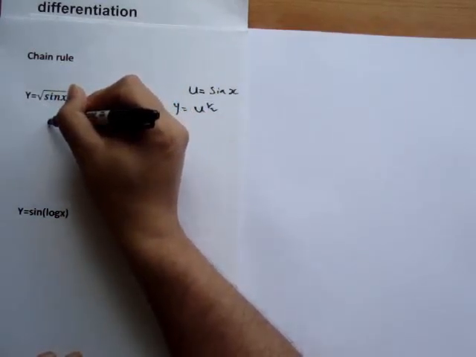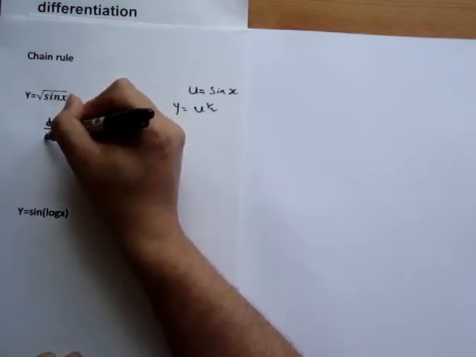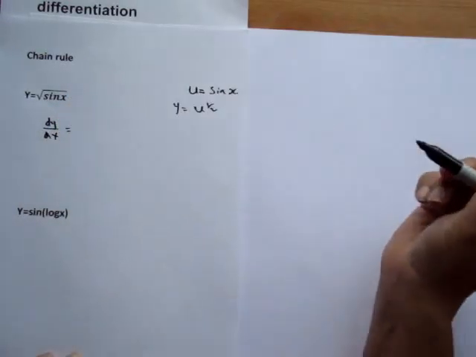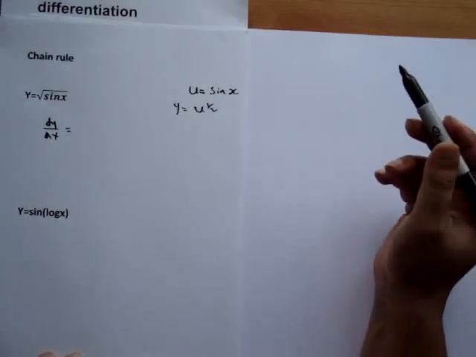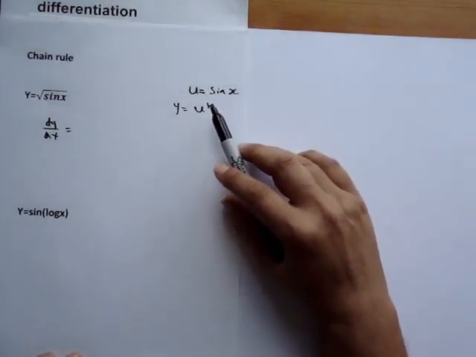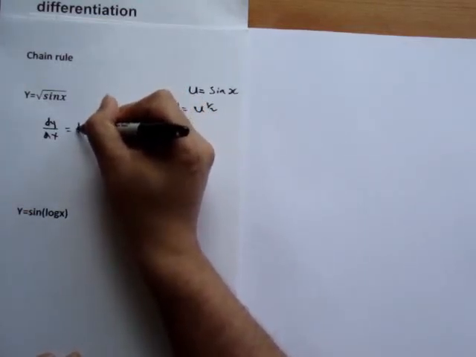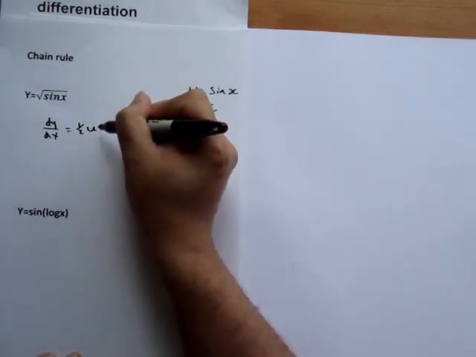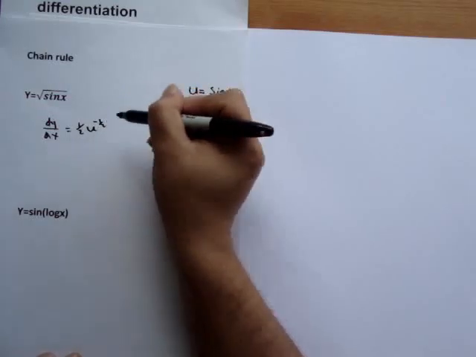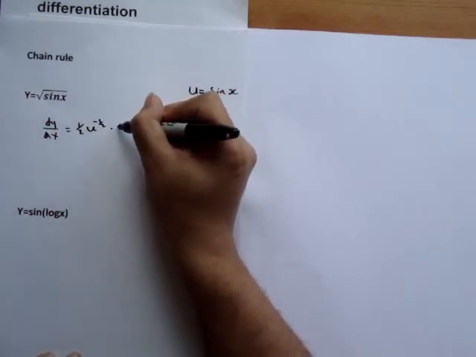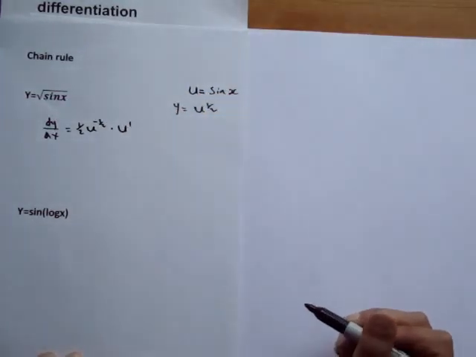Applying the chain rule, dy by dx, first of all, we have dy by du, which is a half u to the minus a half, and then we multiply that by u prime.